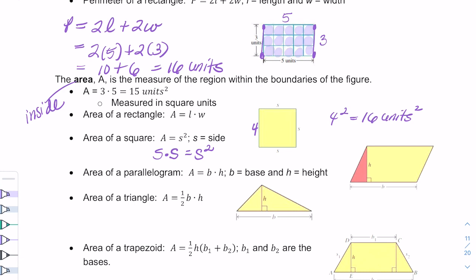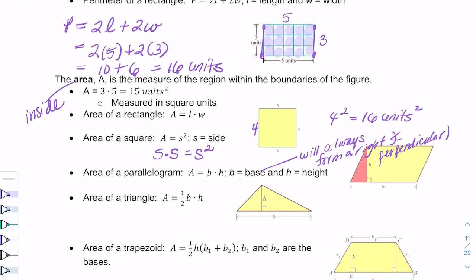A parallelogram is another 4-sided figure, and if we want to find the area, we multiply the base times the height. So the base and the height will always form a right angle. This is also known as perpendicular, so you may have heard of that word before.